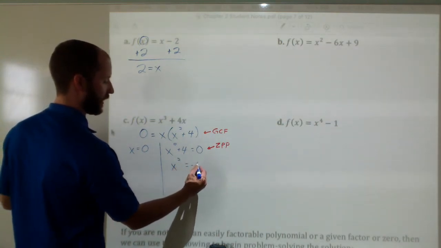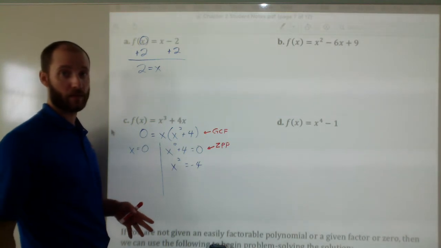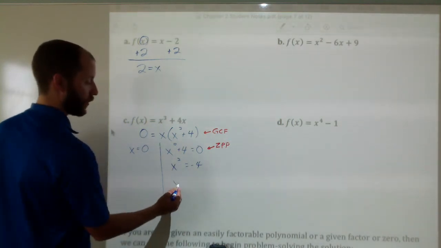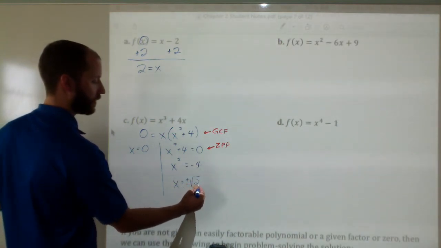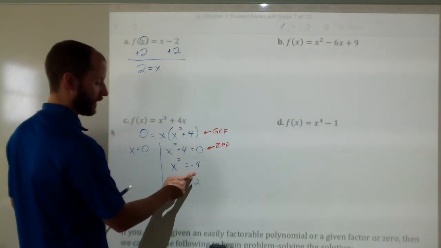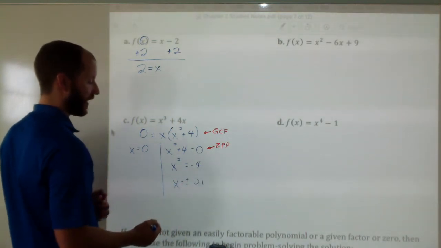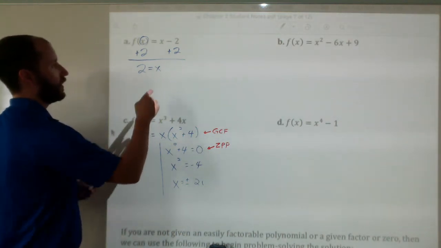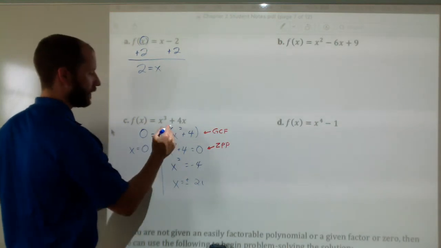x squared equals negative 4, and then we take the square root of a negative. That's okay. The square root of a negative means we just have an imaginary value. So this linear function had 1 zero.